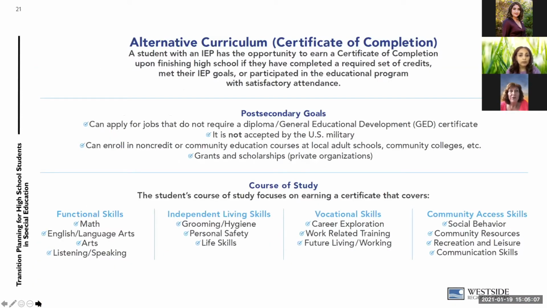So the alternative curriculum is based on a certificate of completion. A certificate of completion means you've met the requirements, but we're looking at a different way of educating students, because students on the alternative curriculum or certificate of completion wouldn't necessarily have the capacity to do algebra and biology and chemistry, the other sciences required for the diploma.